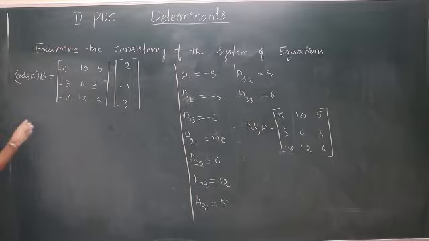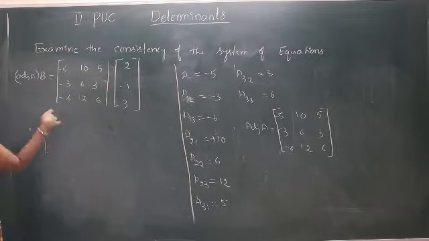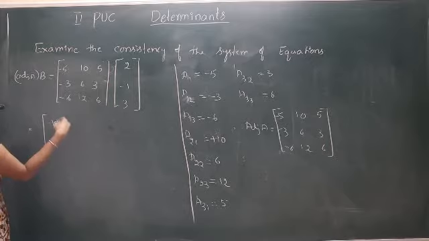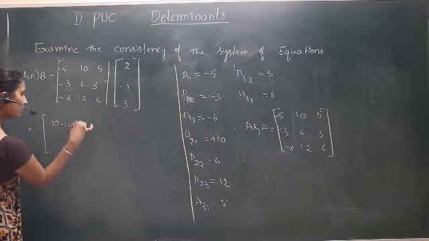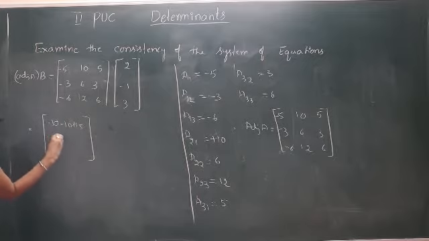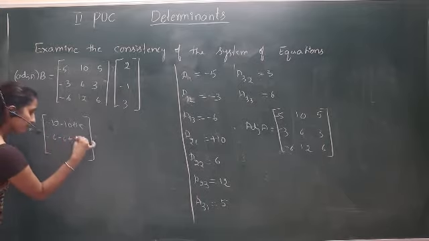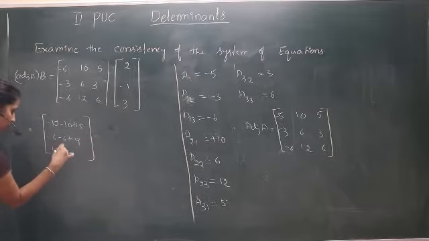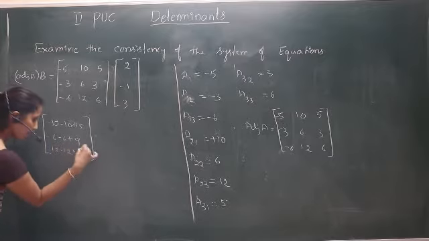So what is this equal to? The first row, first column: 5 into 2 is 10, then minus 10, plus 15, so minus 10 minus 20 plus 15. Then the second row, first column: minus 6, minus 12, plus 9, which is minus 9. Then the third row: minus 12, minus 24 plus 18.